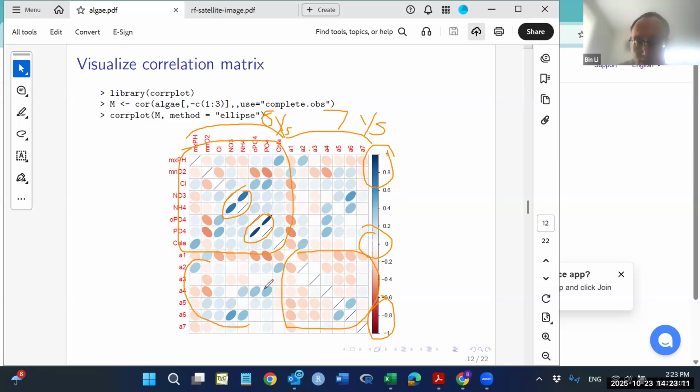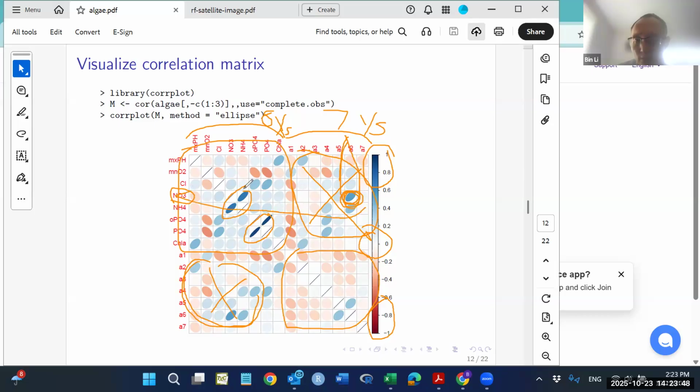And these regions show the correlation between the x and y's. These regions show whether an x variable is highly correlated with y variables, and we didn't see that much. But here we do see NO4 seems to have some intermediate positive correlation with A6, right?